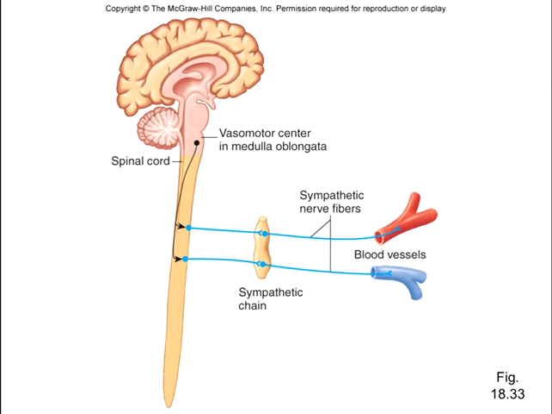When we're talking about the vasomotor center, it's what's controlling the blood vessels. The only thing that sends signals to the blood vessels is your sympathetics. Your sympathetic nerve fibers are going to cause vasoconstriction when they're activated, and when they're not activated, the blood vessels relax and then start to vasodilate.